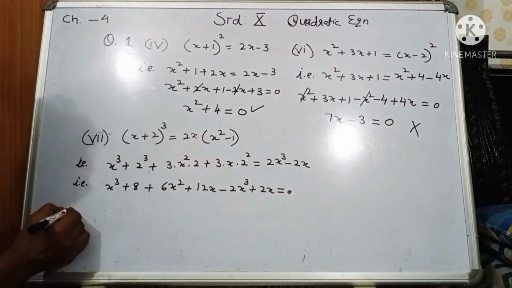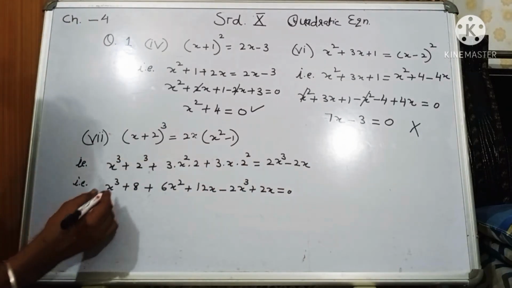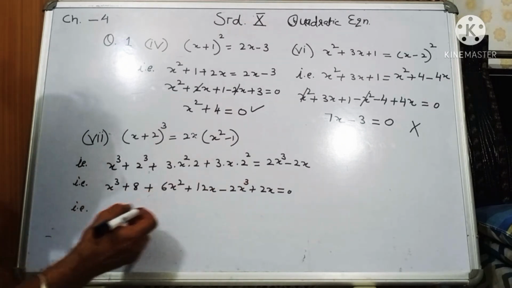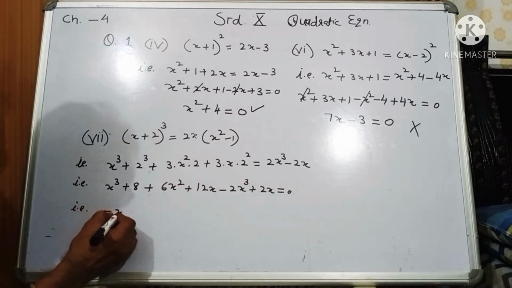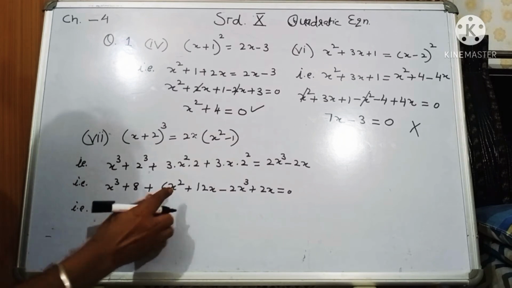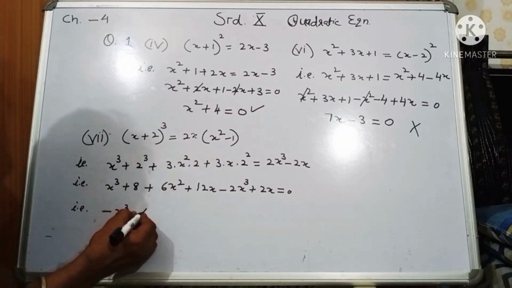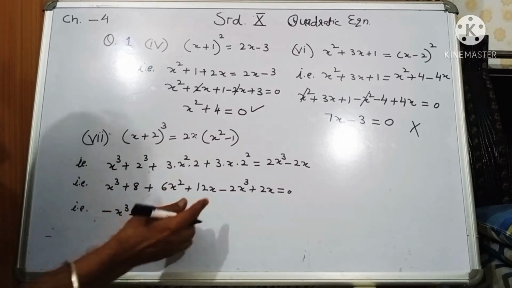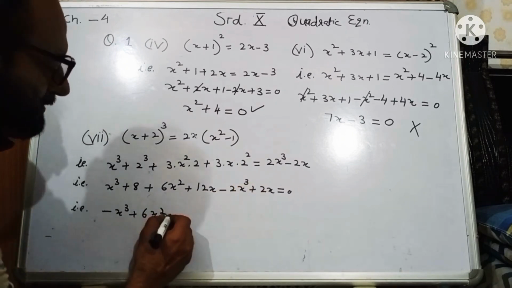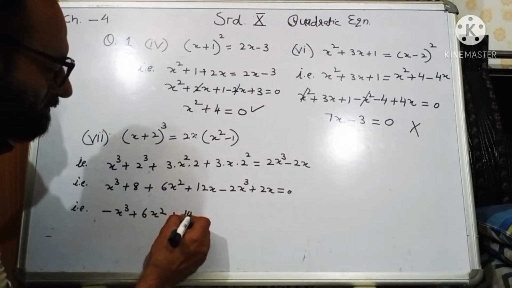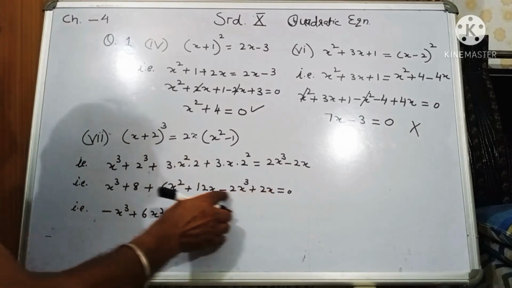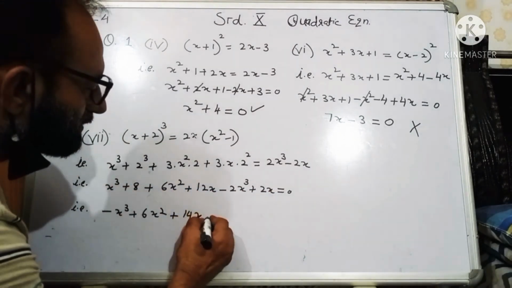That is, x cube minus 2x cube, minus x cube, plus 6x square, 12x plus 2x, 14x, and then plus 8 is equal to 0.